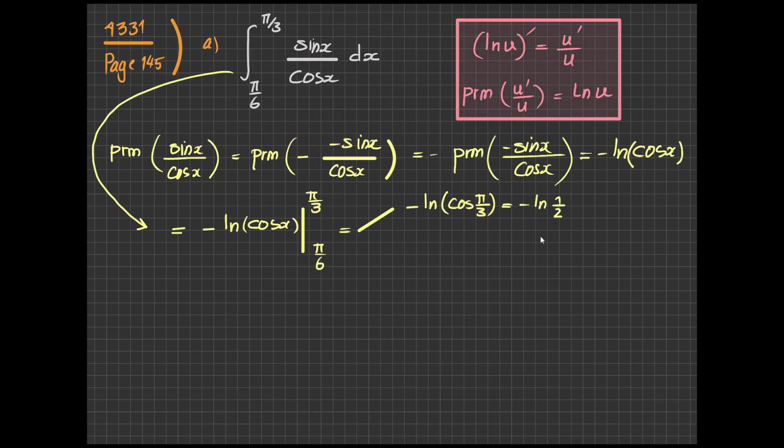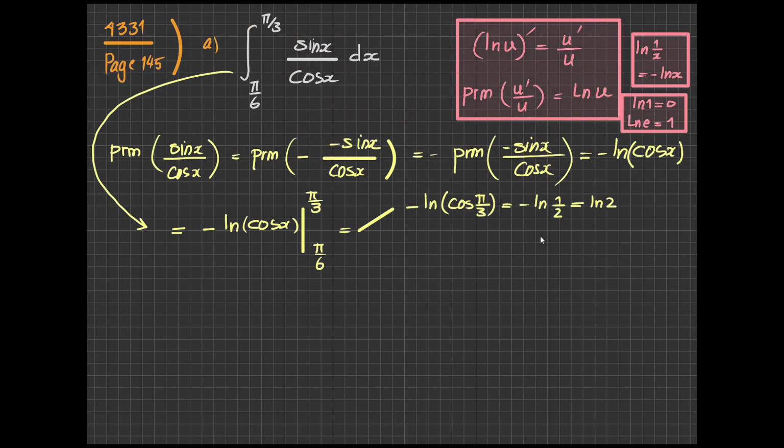So this becomes ln of 1/2. But are you comfortable if I write positive ln of 2? Remember, ln of 1 over x is equal to minus ln of x. And you should also remember that ln of 1 is 0, ln of e is 1. These are also important. So that's ln of 2.